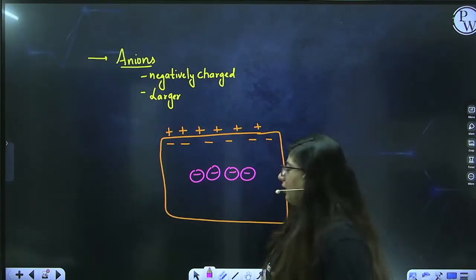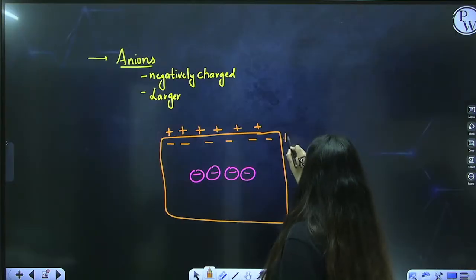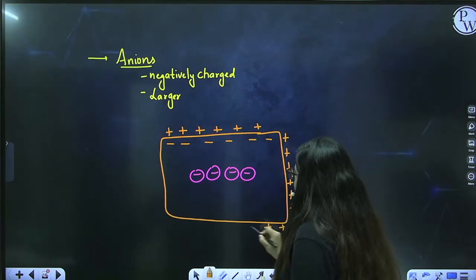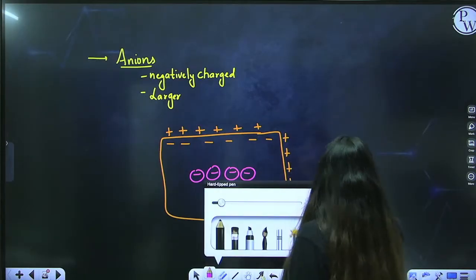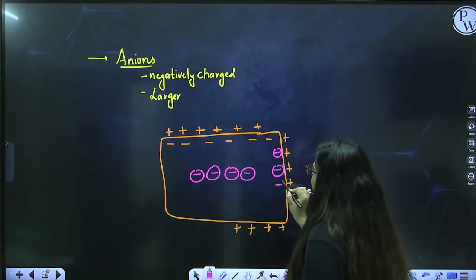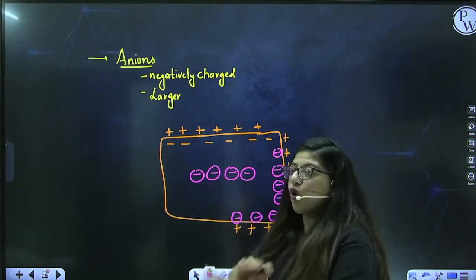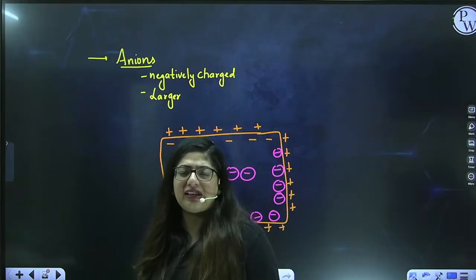So whenever there is accumulation of positive charge to the outside, the anions get attracted and accumulate towards the membrane, just like a magnet.